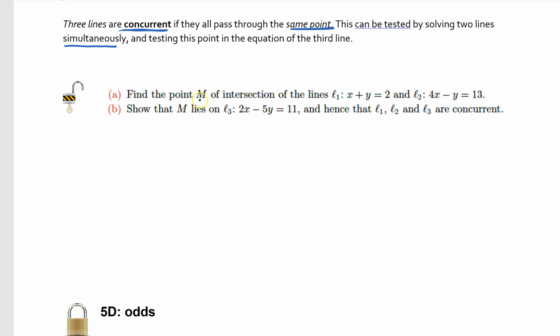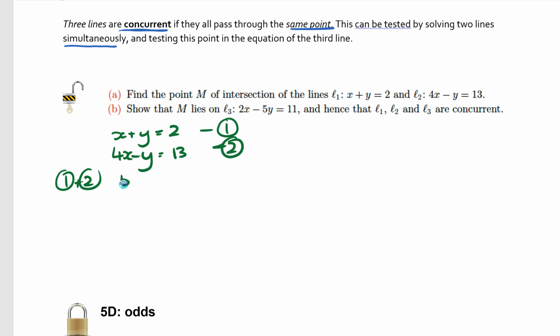So part 1 says find the point M of the intersection of these 2 lines. So we write those down. This becomes equation 1. This is equation 2. This is a pretty stock standard solve by elimination. So if we take 1 and 2 and add those, that will give us 5x.